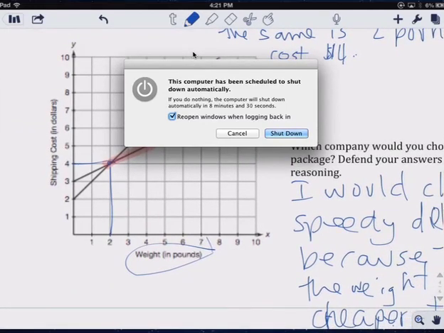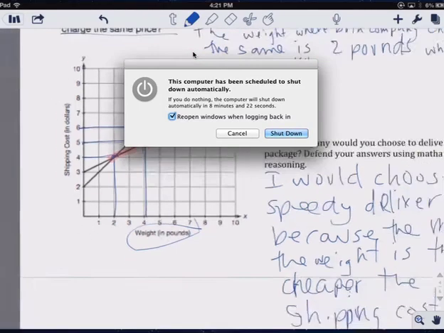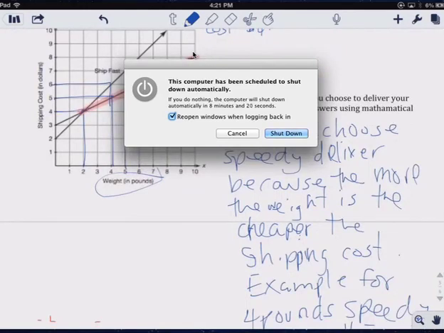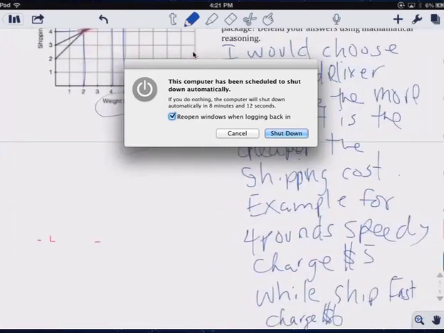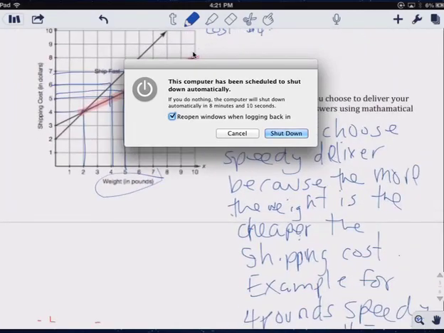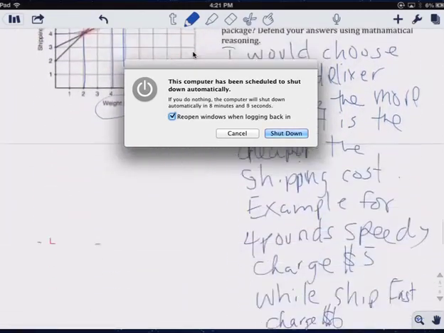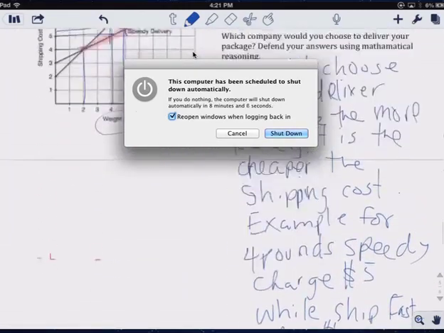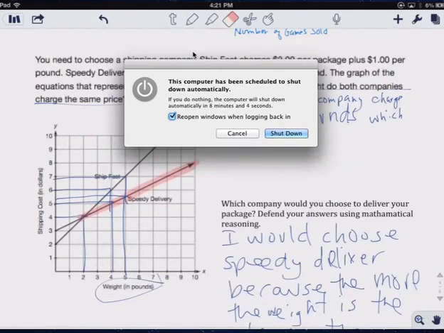Okay, so here's 4. It's $5 for Speedy, and here's $6 for Ship Fast. And at 5 pounds, it only costs about $5.50. The other one costs $7 as you go through it. You can explain all that or leave it like this. It's good. Just give me at least one example so I know that you've read the graph correctly.